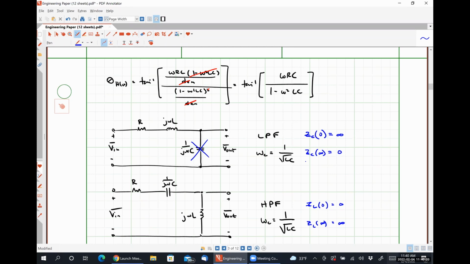And then we're completely rejecting everything beyond that point. And again, the exact opposite is what's happening for our high pass filter when we take the voltage drop over the inductor specifically. Any other questions?